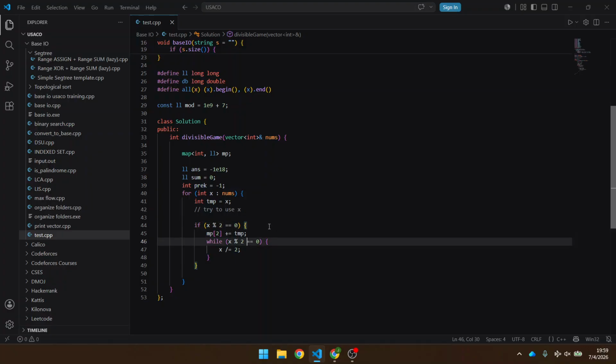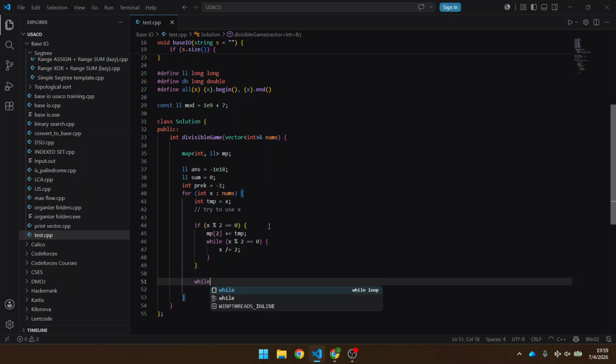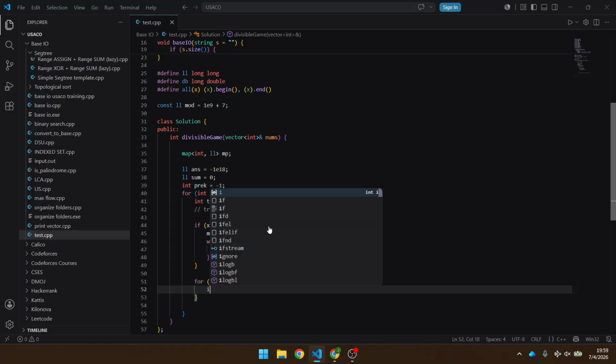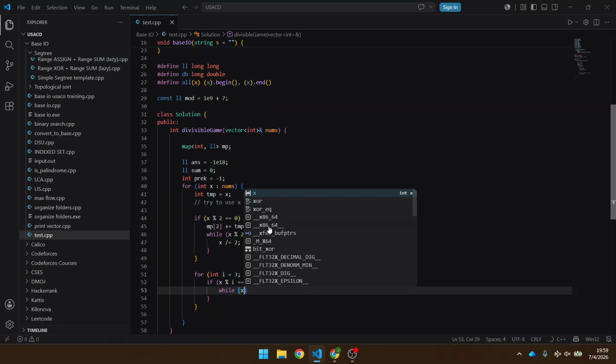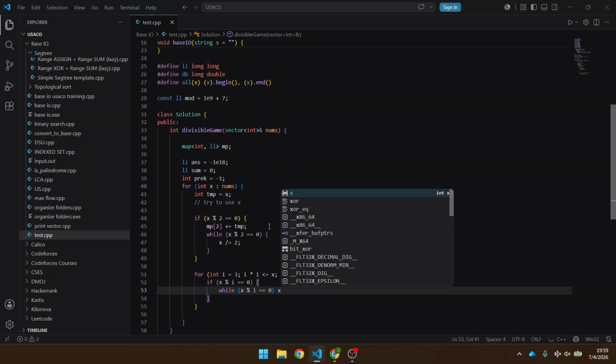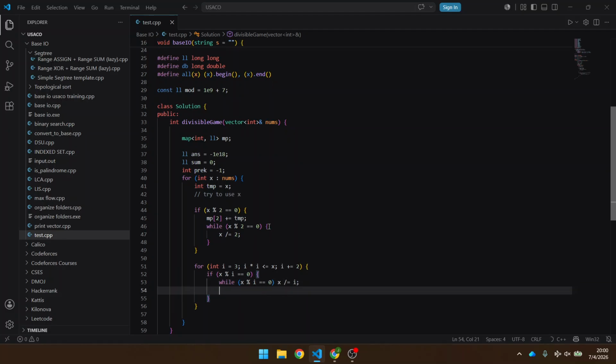Okay. Yeah, okay. For int i of 3, i times i is smaller than or equal to x, i plus equal to 2. If x % i is equal to 0, while x % i is 0, x divided by equal to i, map tmp, map[i] plus equal to tmp.